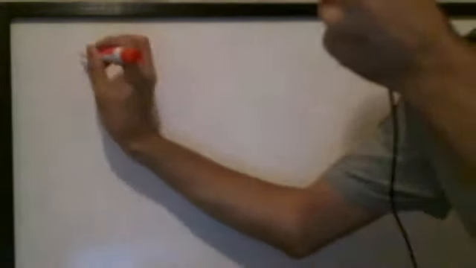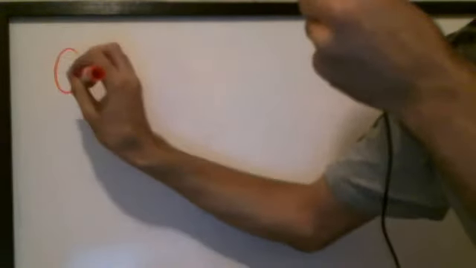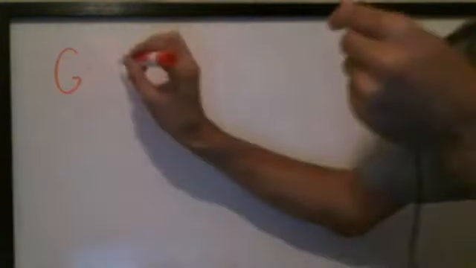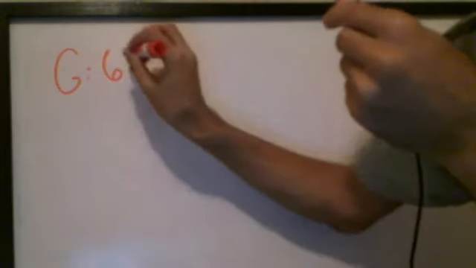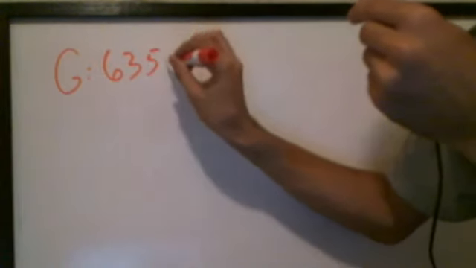So what do you know from this question? First off, this is your given, and you have a 635 Newton thing right there. As you can tell in the diagram, it's pointing downward, which probably means there's a force acting on it.